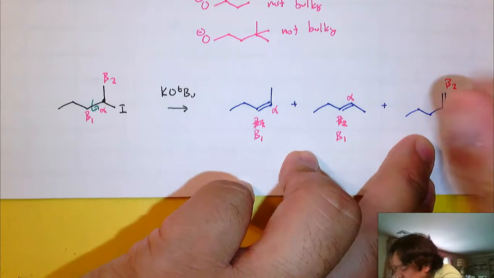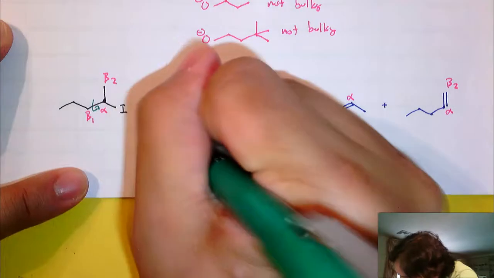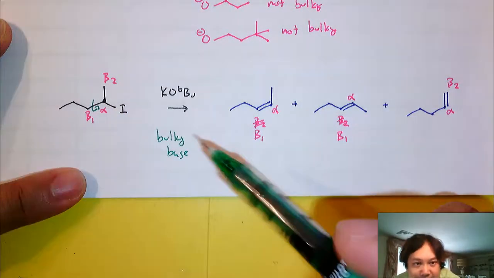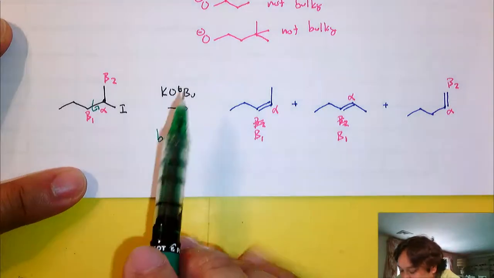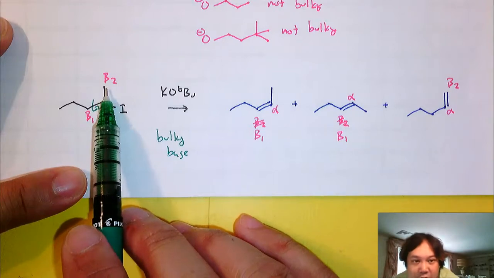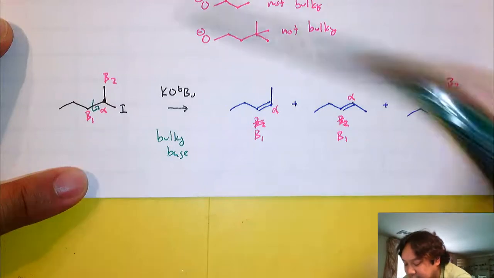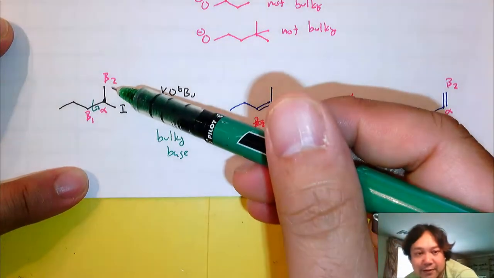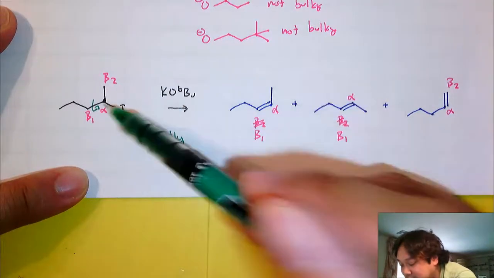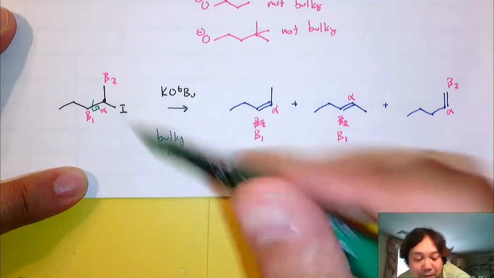Yeah. I'm using a bulky base. And what that indicates to me is that it's easier for a crowded base to move this hydrogen off of the less sterically hindered carbon versus the one that's secondary. So we have a primary versus secondary. We know that primary is less crowded, and now size makes a difference. And we're going to strip off the hydrogen off of the less crowded carbon.